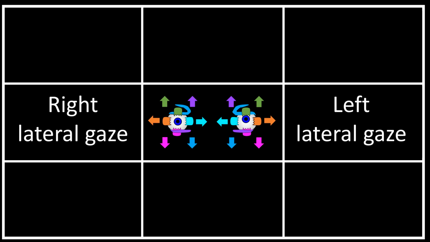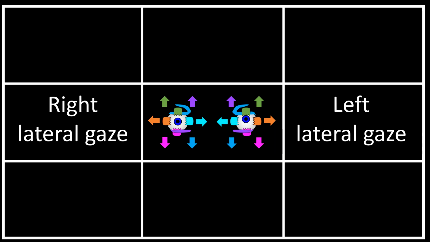The extraocular muscles and the arrows are color matched, so the color of the arrows indicates the action of the same color muscle. For example, the action of the lateral rectus, represented in cream color, is to abduct the eye, as represented by the outgoing arrow colored cream.